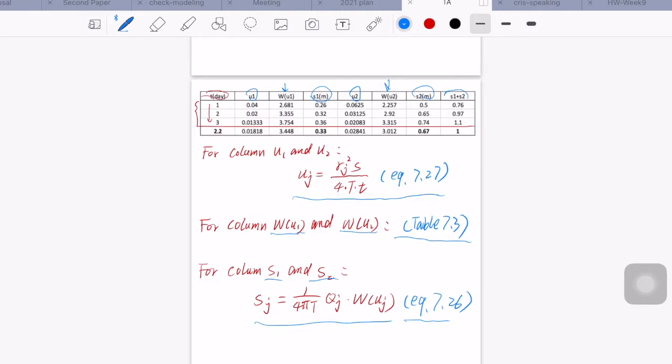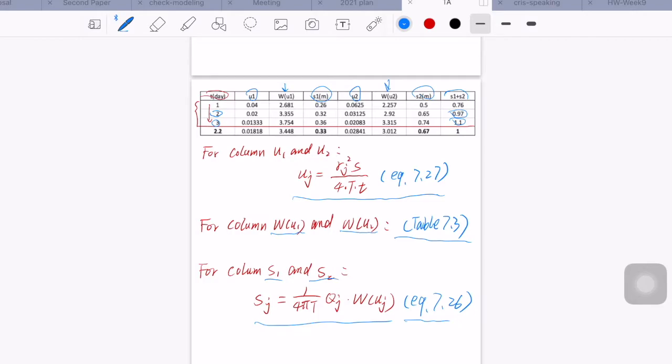S1 plus S2 indicates the drawdown in the observation well. So we can see when T equals 2 days, the drawdown in the observation well is less than 1 meter. And when T equals 3 days, the drawdown is greater than 1 meter.